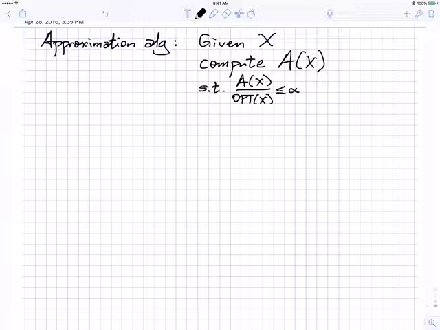I also talked about the very natural greedy algorithm for vertex cover, where given an arbitrary graph, I can compute a vertex cover that is guaranteed to have at most a factor of big O of log n more vertices than the smallest vertex cover.